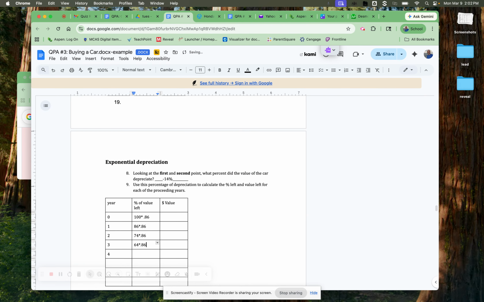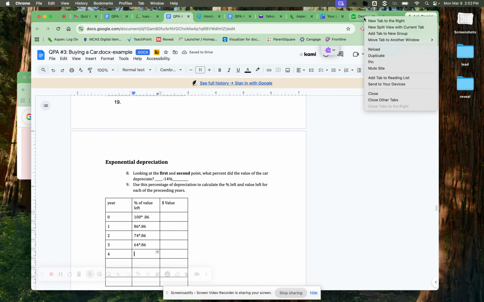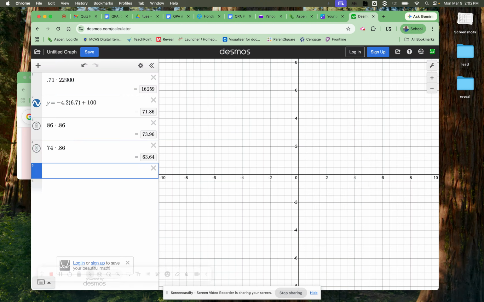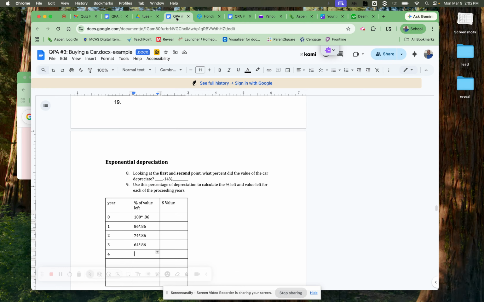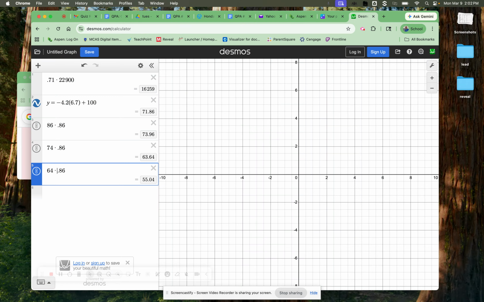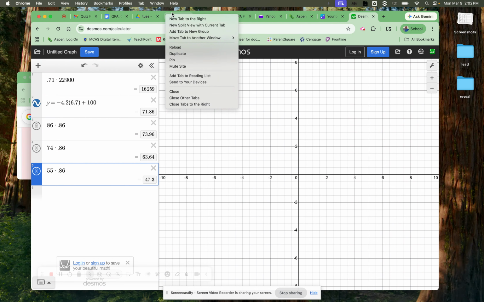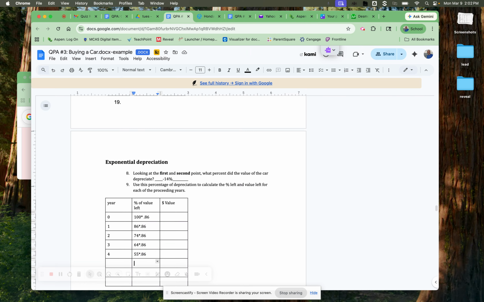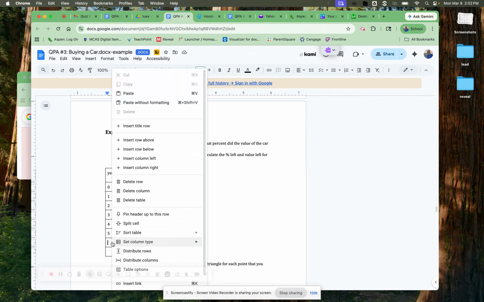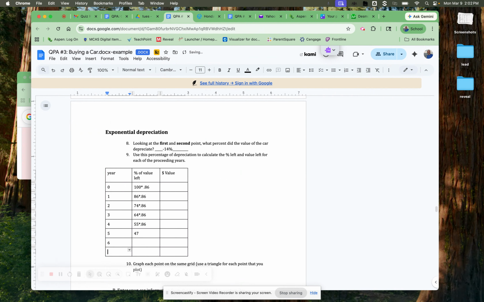Times 0.86. 55 times 0.86, 47. I'm going to do this for all 10 years. The idea is it's depreciating 14%, so we're just multiplying by 86% every year until we get all the way through. I'm just going to graph those points.